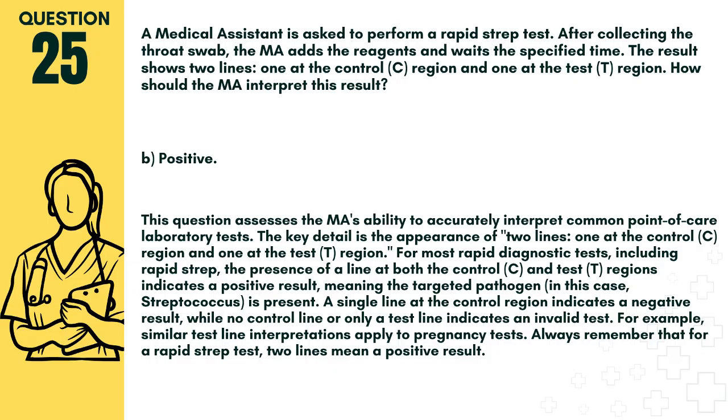A single line at the control region indicates a negative result, while no control line or only a test line indicates an invalid test. For example, similar test line interpretations apply to pregnancy tests. Always remember that for a rapid strep test, two lines mean a positive result.